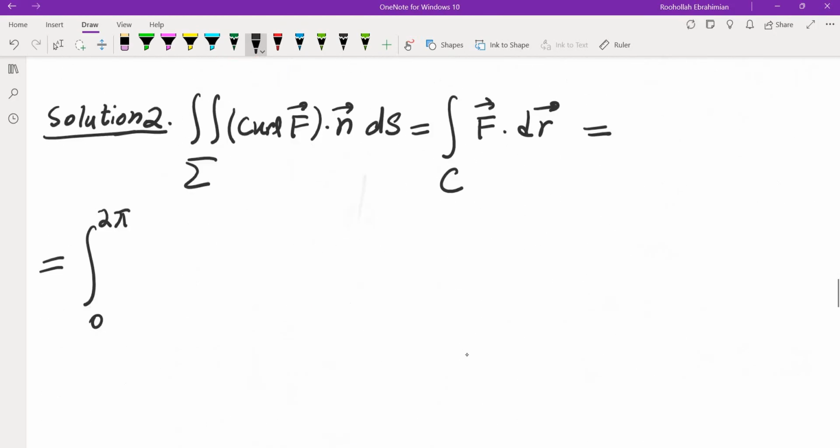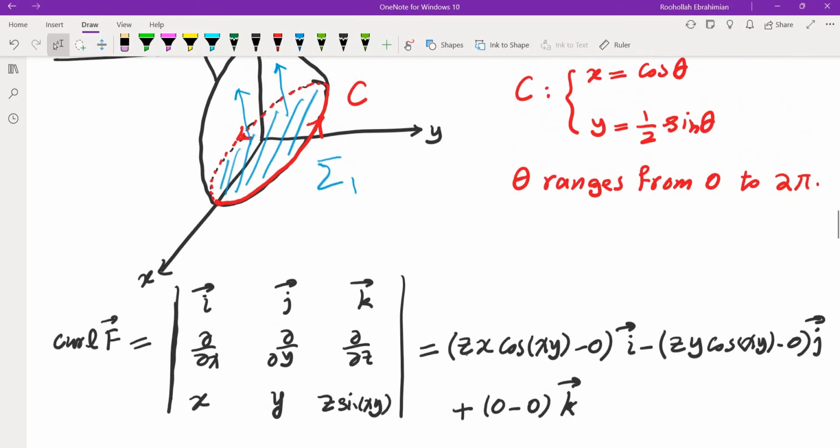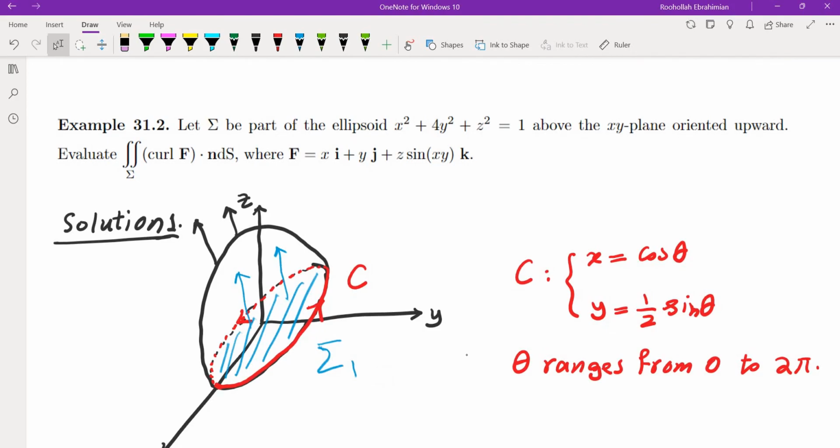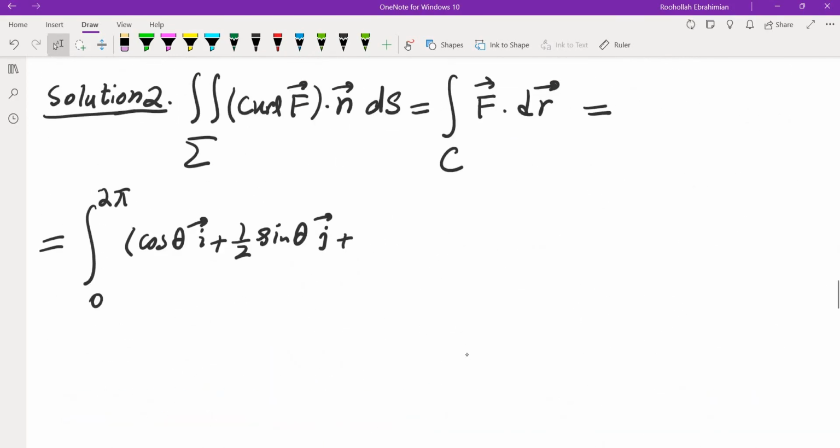So f would be cosine of theta i plus 1/2 sine of theta j plus z sine of xy k, and z is 0, so that would be 0k, dotted with the derivative. The derivative of cosine is negative sine theta.